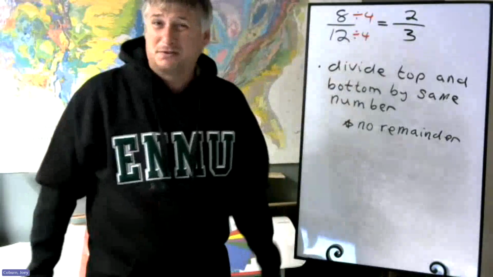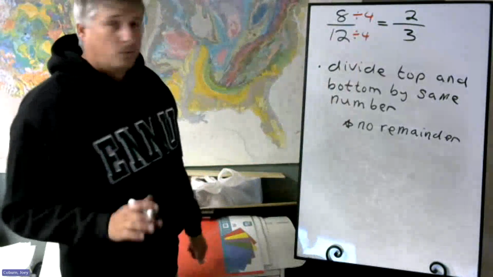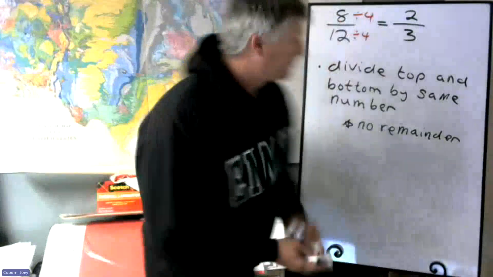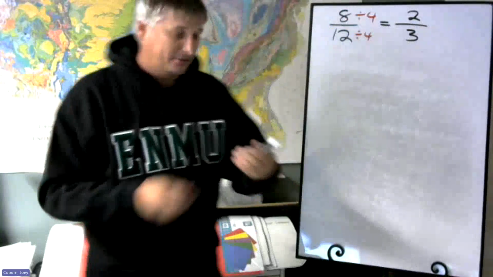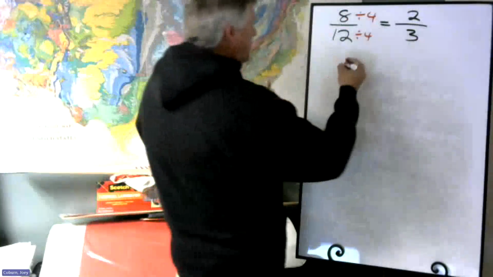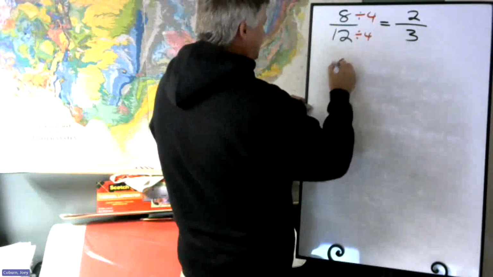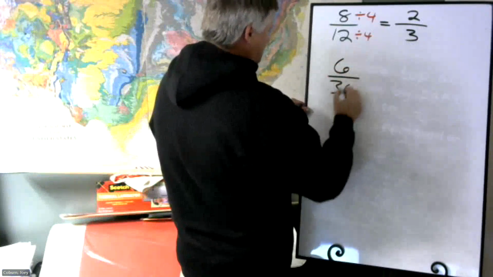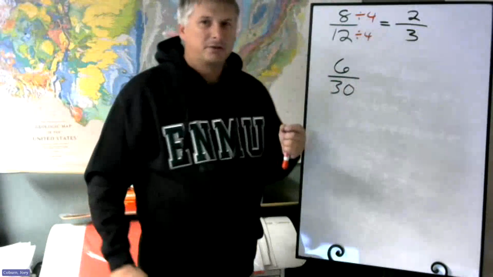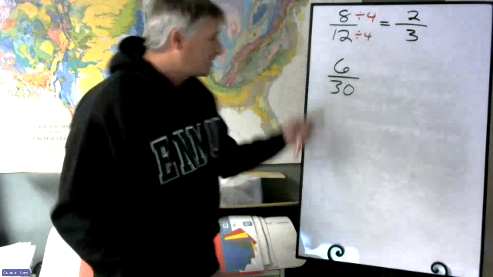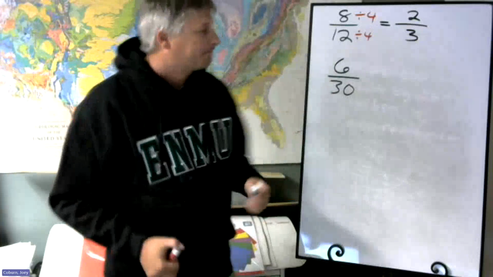Now, how do I know it's the simplest? Well, let me show you something. Sometimes when we divide, we don't get the simplest fraction automatically. So suppose we have something like this. What's a number that will go into 6 without a remainder, and at the same time it could go into 30 without a remainder?